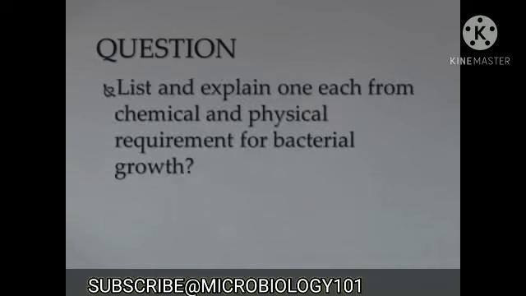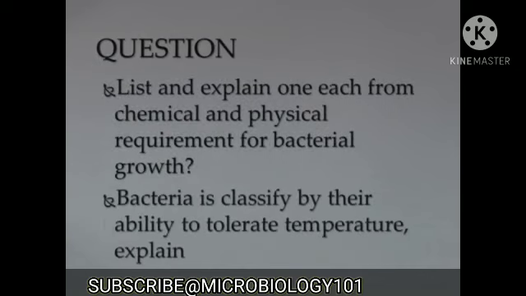At the end of this class, you are expected to list all the categories of physical and chemical requirements for bacterial growth, and explain one each from those categories. You are also expected to give an insight into why bacteria are classified into different groups based on their ability to tolerate temperature.